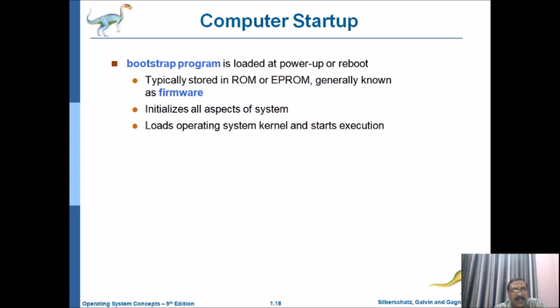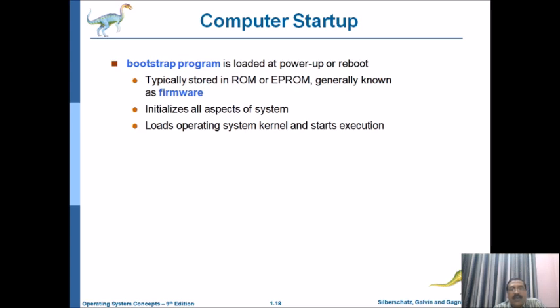ROM holds a small program called firmware, and loading up of this firmware is called bootstrapping, or the bootstrap program. Whenever power is given to the computer, the bootstrap program is loaded.